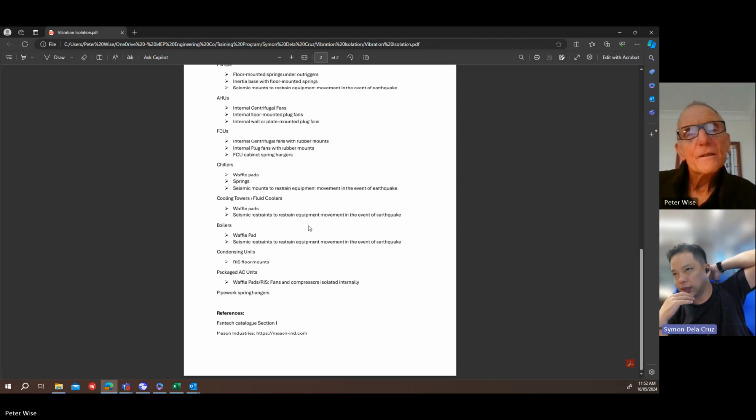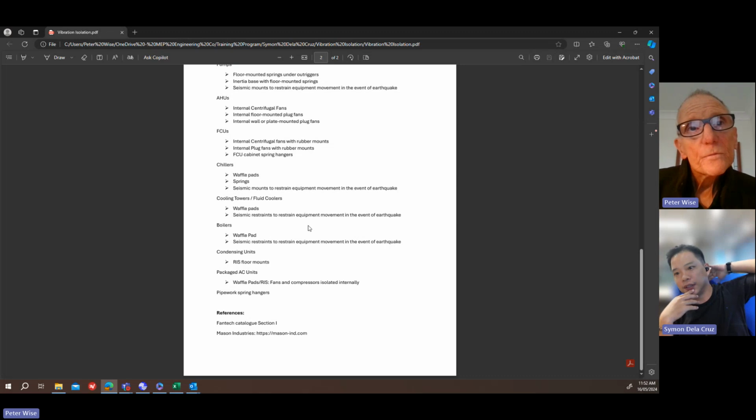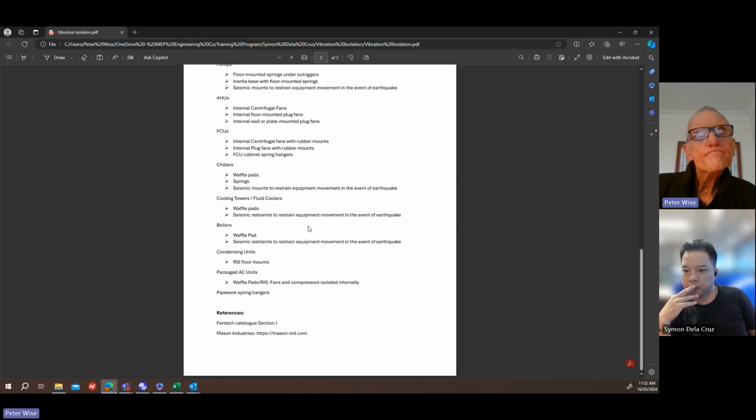If you want to use seismic, that's a good reference that we have discussed. So probably, with seismic, it's a code requirement for certain buildings. It's not very clear on what you need to do, but to give you an idea, there is an Australian standard that sets all this out.